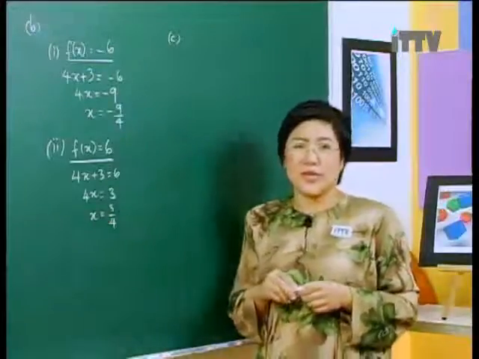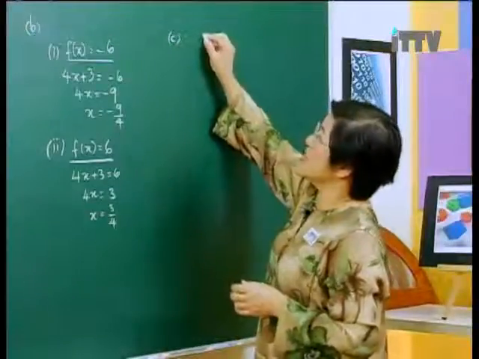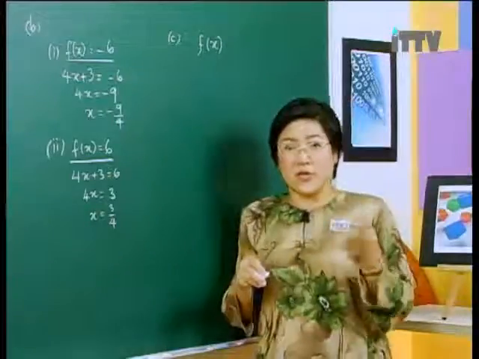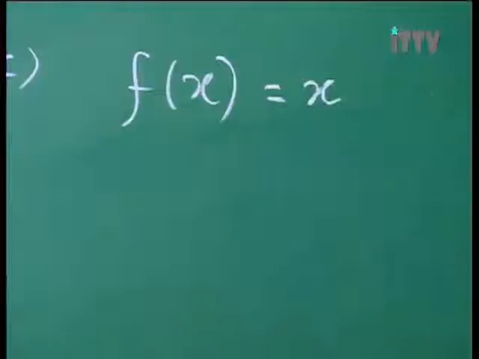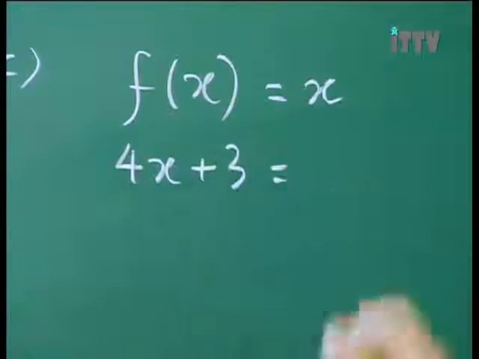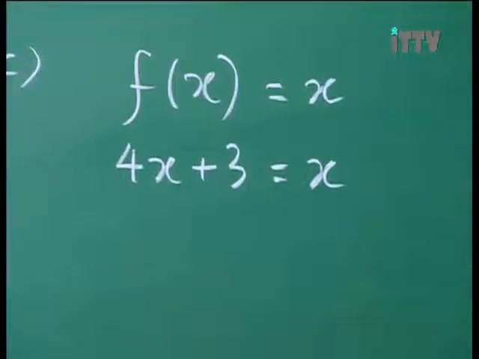Sometimes we also call this a mirror image. And therefore, what we want to say is that although x has been placed into the function, it still comes back as its own self. Hence, we can say f(x) is equal to x. That means we can then replace f(x) as 4x plus 3 and equate it back to x.